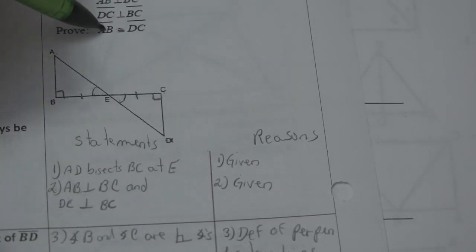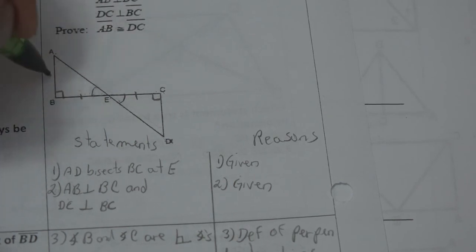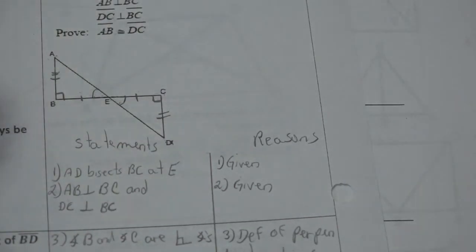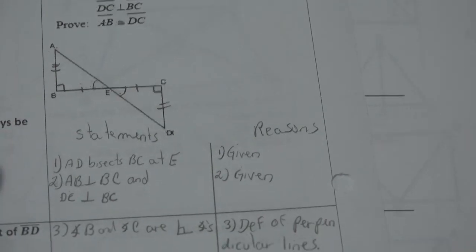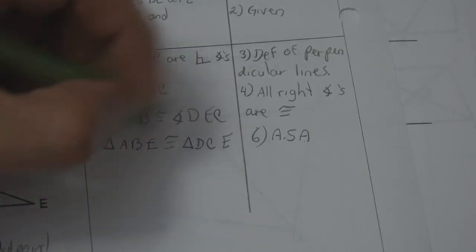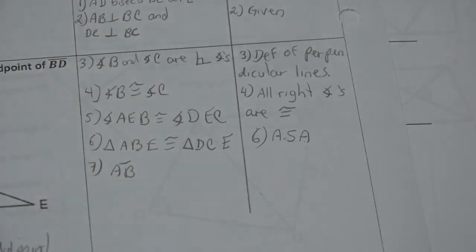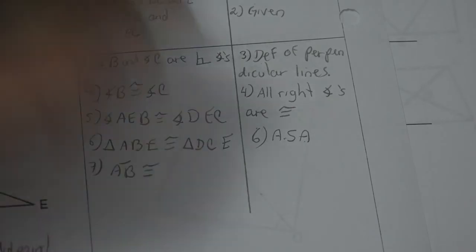So to prove AB congruent to DC, of course they are congruent. Once you prove the two triangles congruent, then everything else is congruent for one reason. So I have proven that AB is congruent to DC, and the reason is that congruent parts of congruent triangles are congruent.